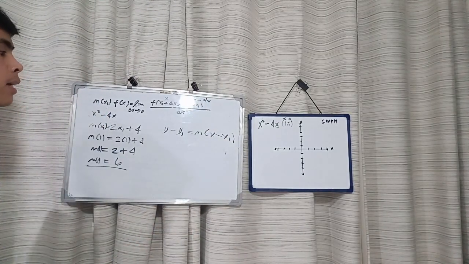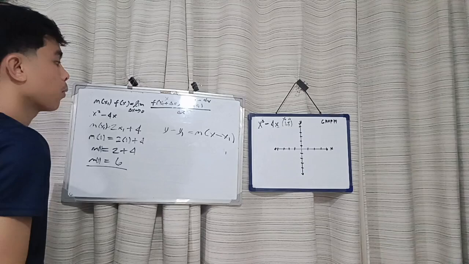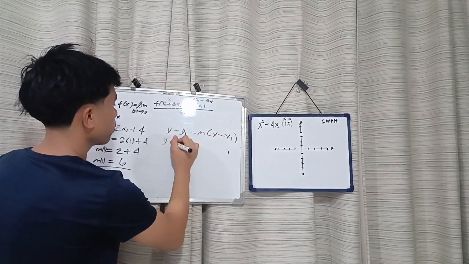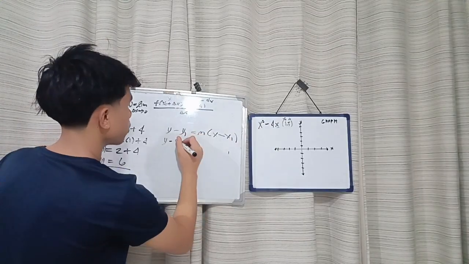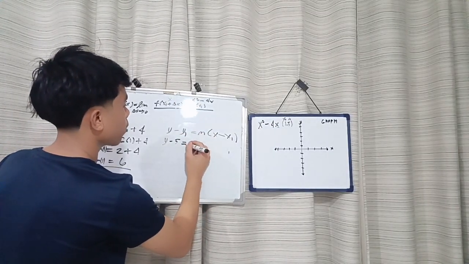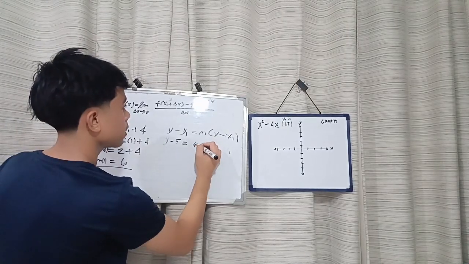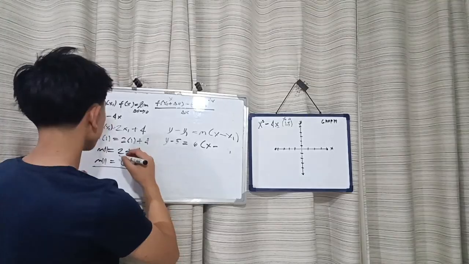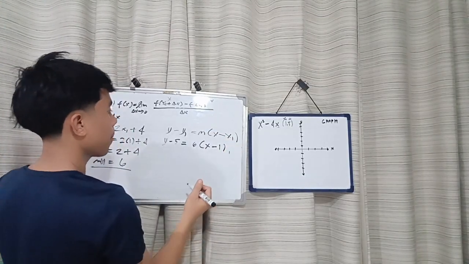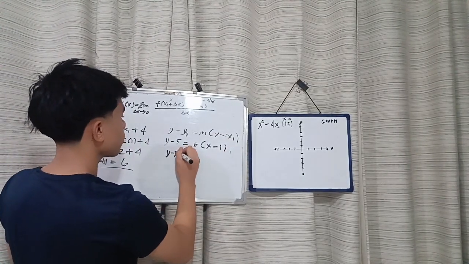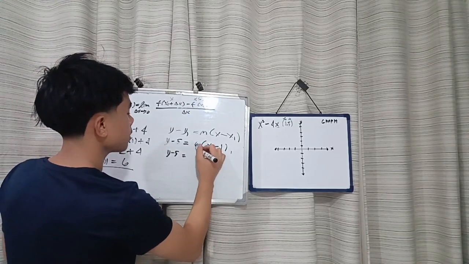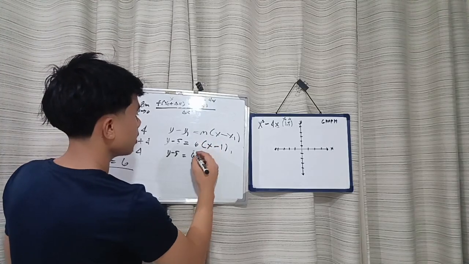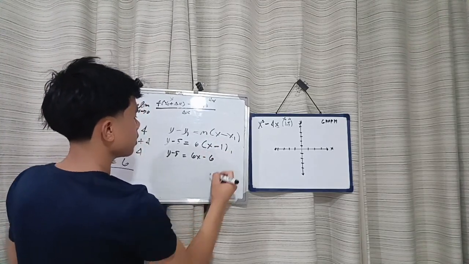Since our y sub 1 is 5, copy it, and equals our m, copy x, since our x sub 1 is 1. So y minus 5 equals m, distribute, minus m.